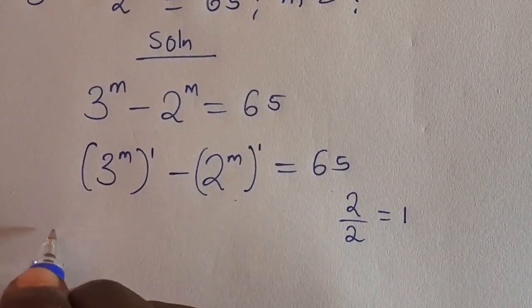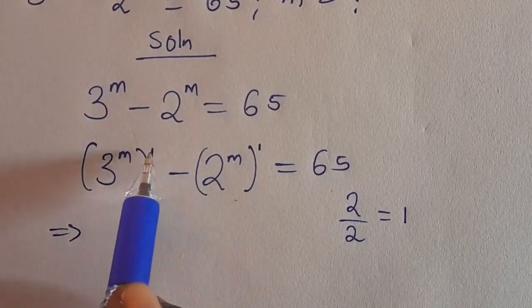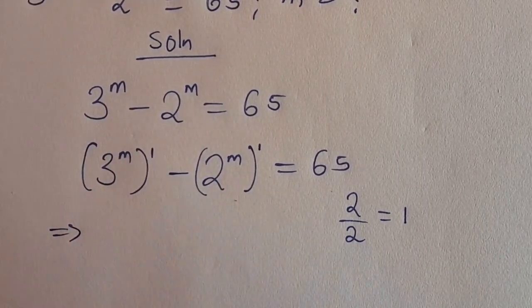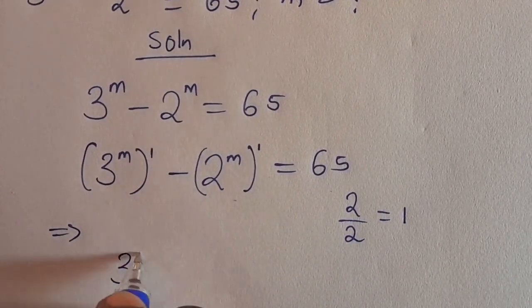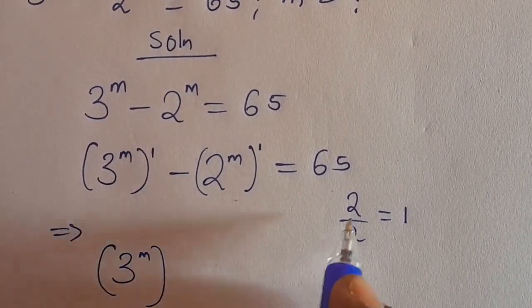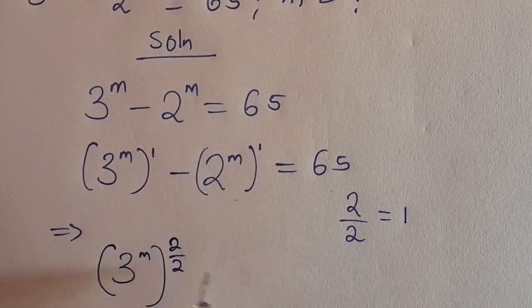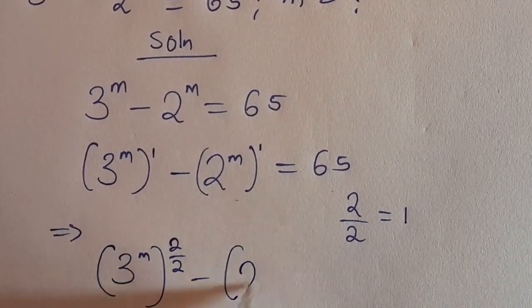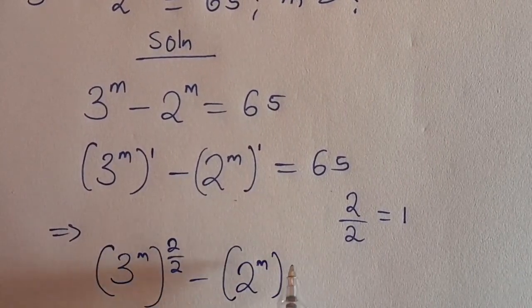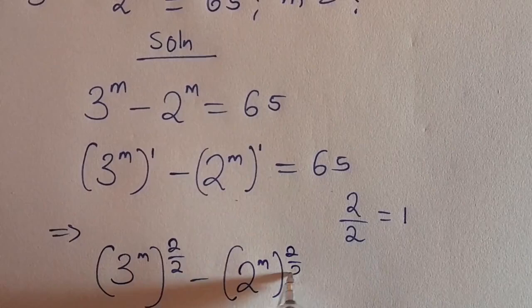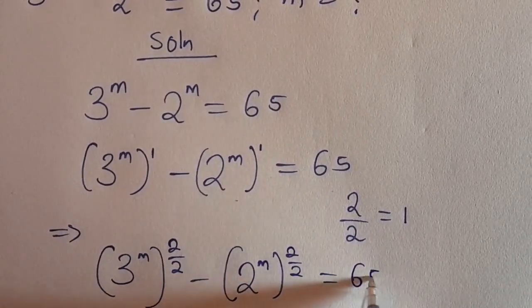So, which implies that we can easily substitute it here. We can have it to be (3 to the power of m) all to the power of 2 divided by 2, minus (2 to the power of m) all to the power of 2 divided by 2, equals 65.